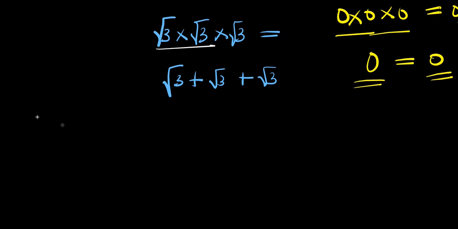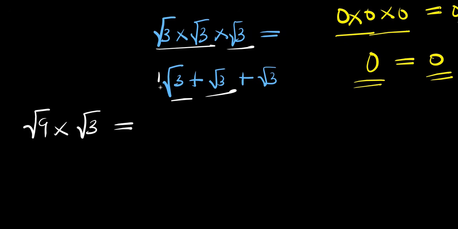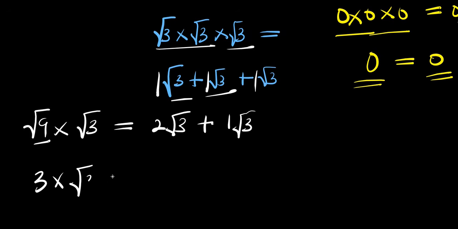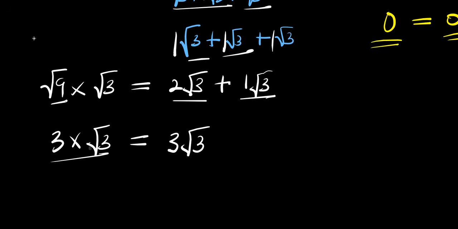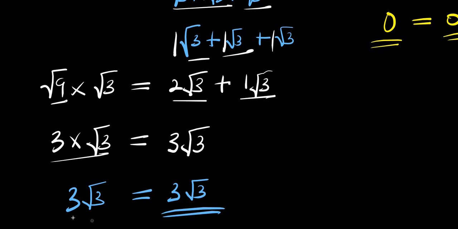Root 3 times root 3, that is root 9 times root 3. And this equals root 3 plus root 3. The coefficient here is 1. The coefficient here is 1. So 1 root 3 plus 1 root 3, this is 2 root 3 plus another 1 root 3 here. The coefficient is 1. So root 9 is 3. We have 3 times root 3 equals 2 root 3 plus 1 root 3. This will give you 3 root 3. And from here, 3 times root 3, we are going to have 3 root 3. And this equals 3 root 3. Left hand side equals right hand side.